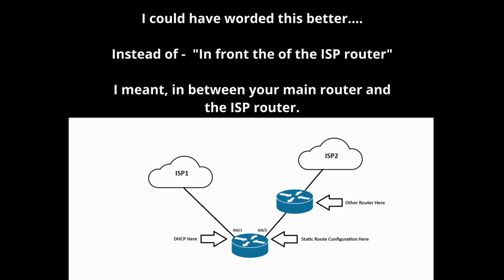I'm not sure if they were doing double NAT, which I don't recommend, or if they set up the routing correctly. But just food for thought. That's another way that you could mitigate this issue, by placing another router in front of one of the ISPs. And I know it's another piece of equipment, but hey, in a pinch, that would also work.